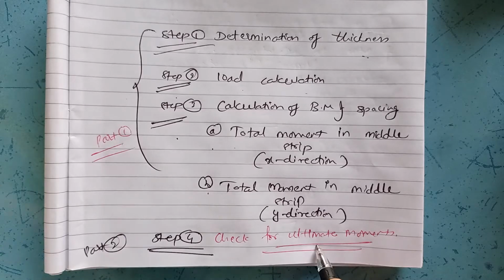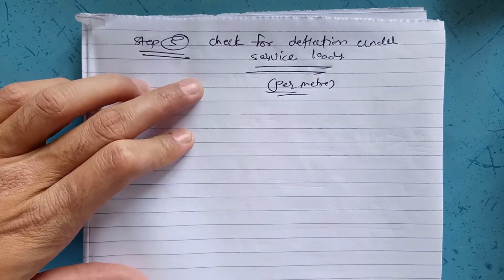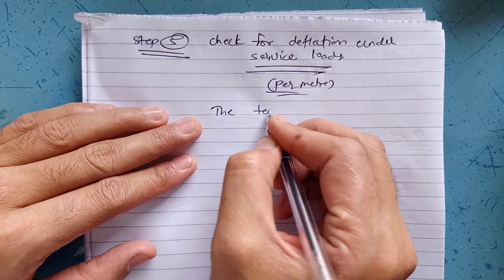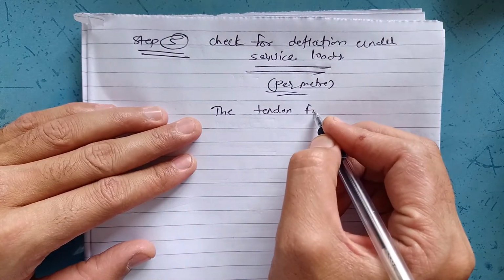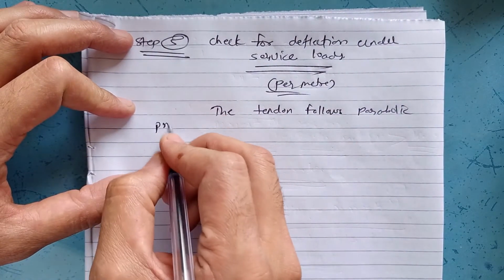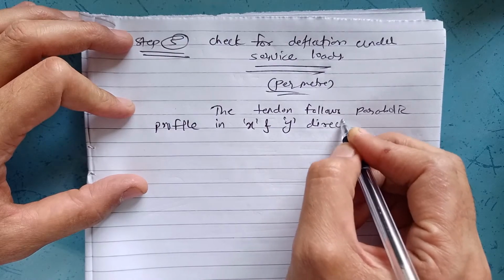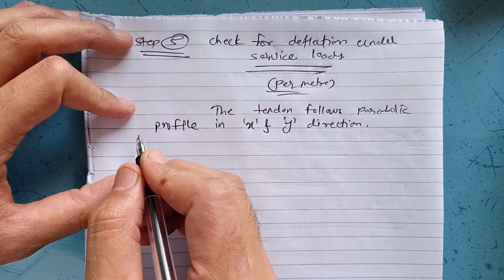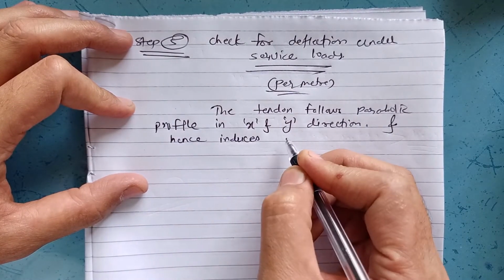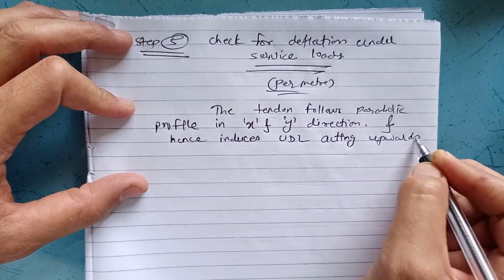Now we'll move towards step number 5, check for deflection under service loads. The tendon follows a parabolic profile in X and Y direction, and hence it induces UDL acting upwards.